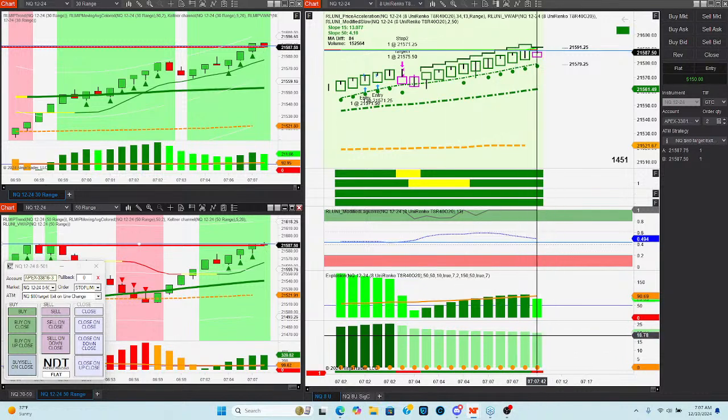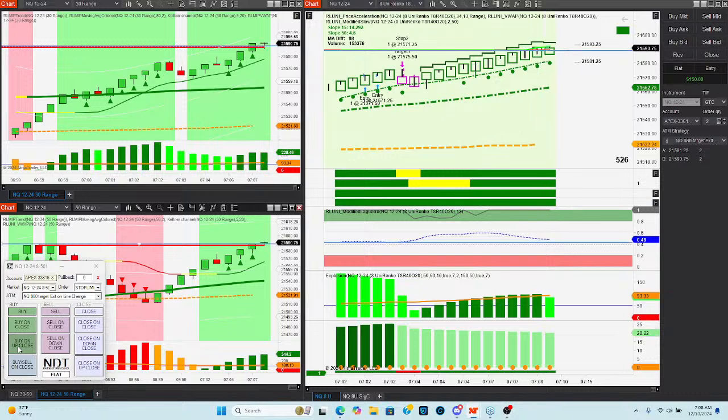Just don't like this right here. My MA diff's a little higher than I'd like it.